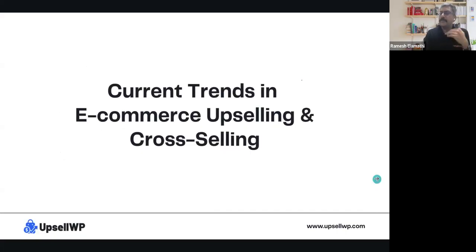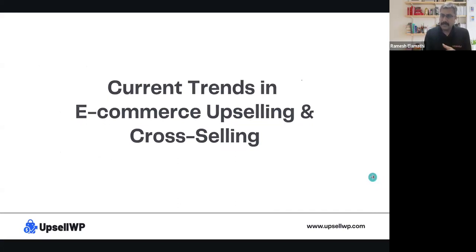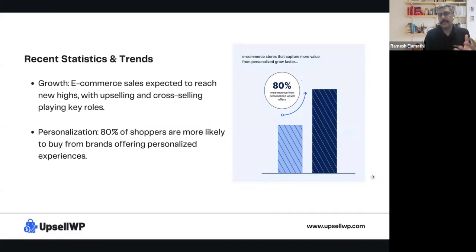Why do you need to always suggest related products, upsell products or cross-sell products? Because studies found that 80% of shoppers are more likely to buy from brands that offer a personalized experience.